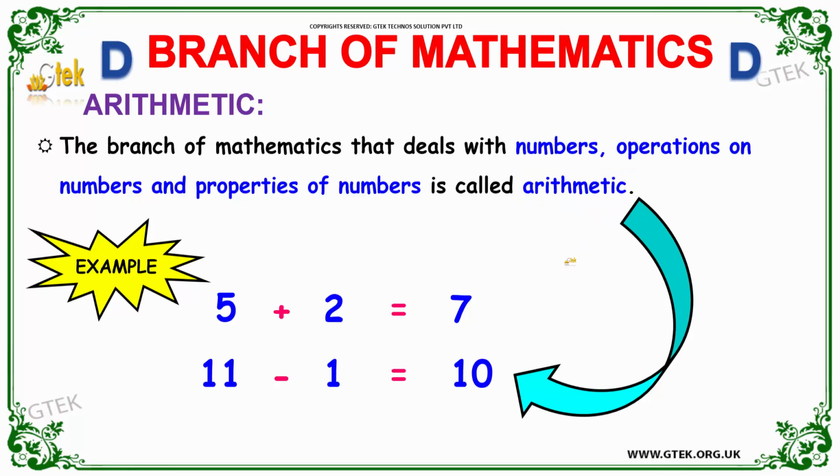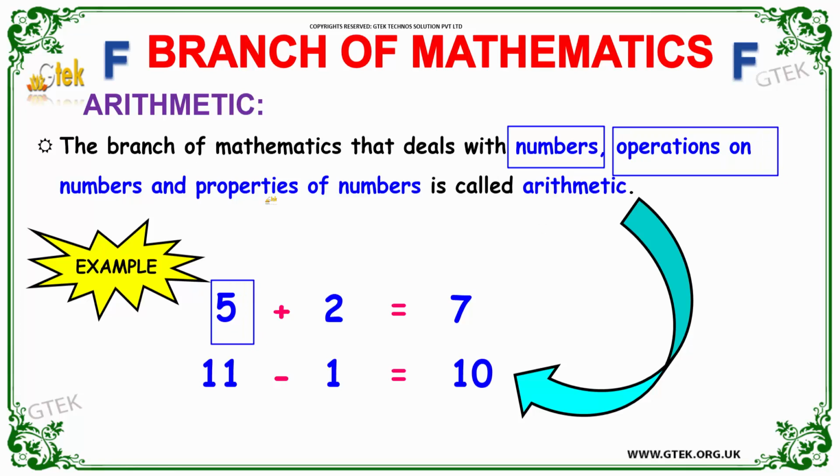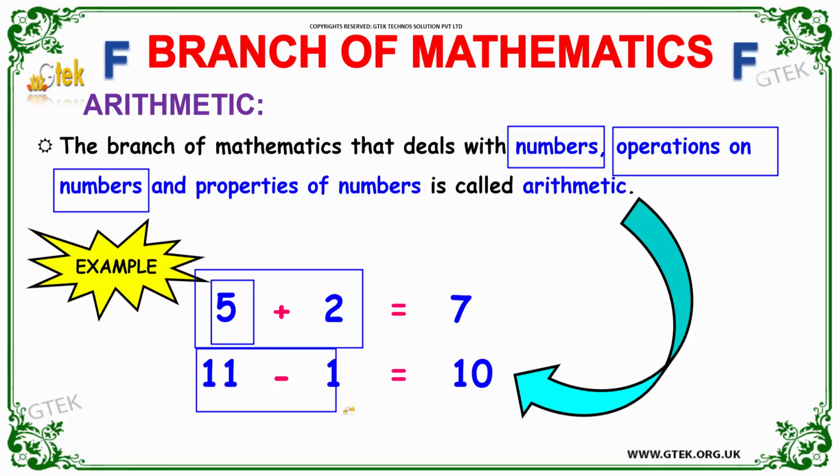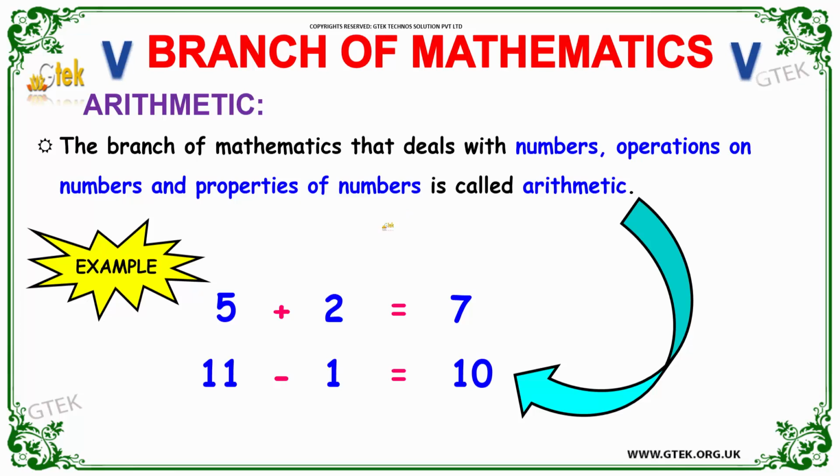So we have numbers over here, and operations on numbers, which is nothing but 5 + 2, 11 - 1. So this is the concept of operations on numbers, followed by some of the properties of numbers. So this is the logic behind the concept called arithmetic.